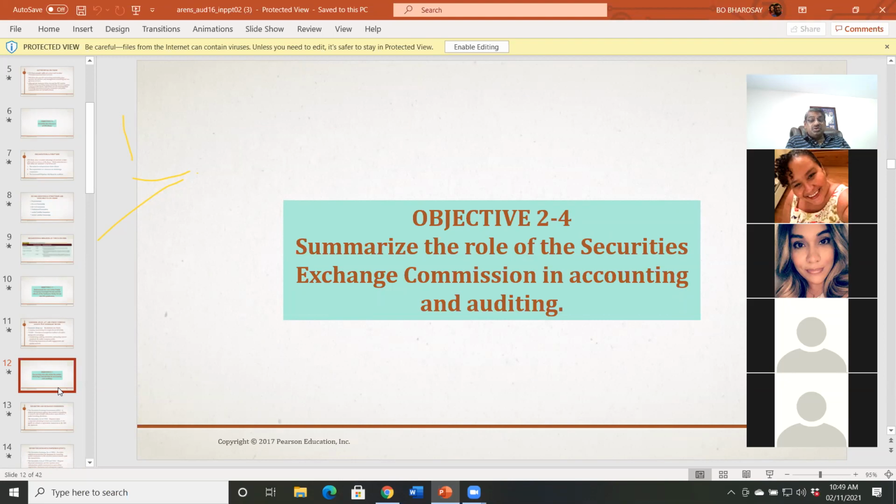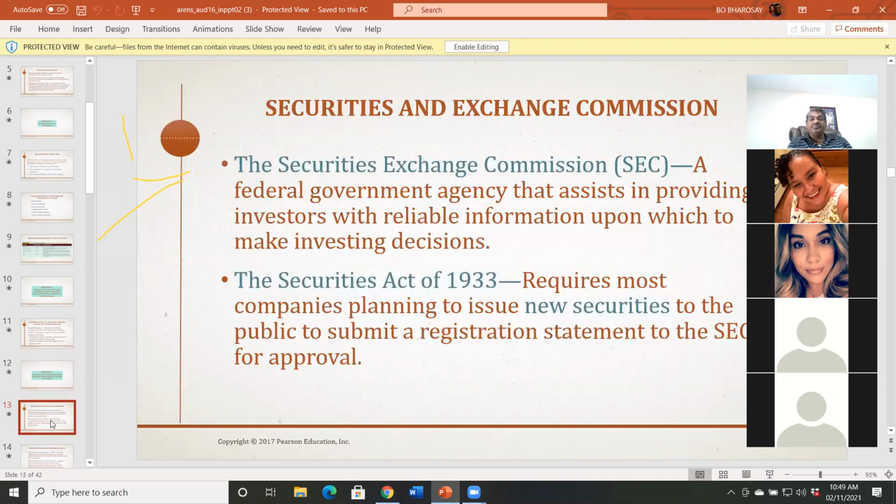Now, think what this did to the accounting profession. Think of all the public companies out there that, before '33, didn't need to have audited financials. Now they all need audited financials. So there became a huge demand for CPAs going back to 1933.